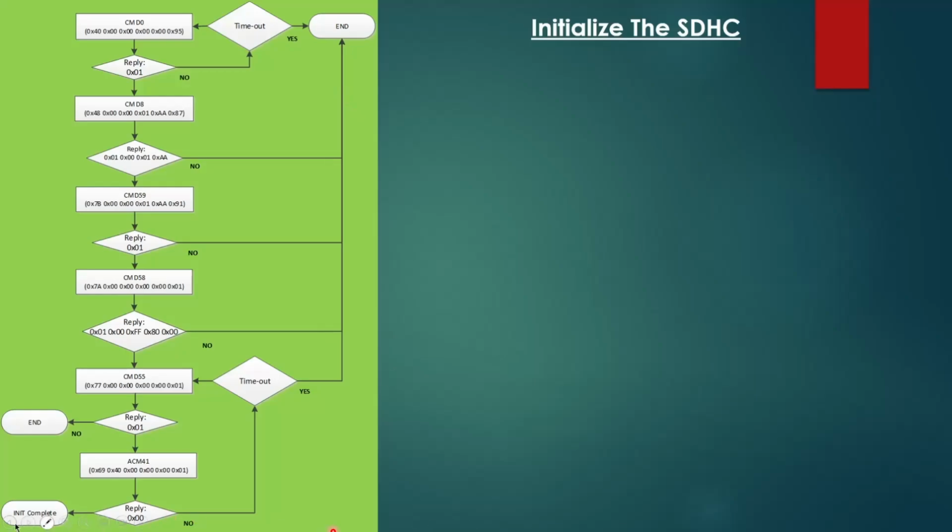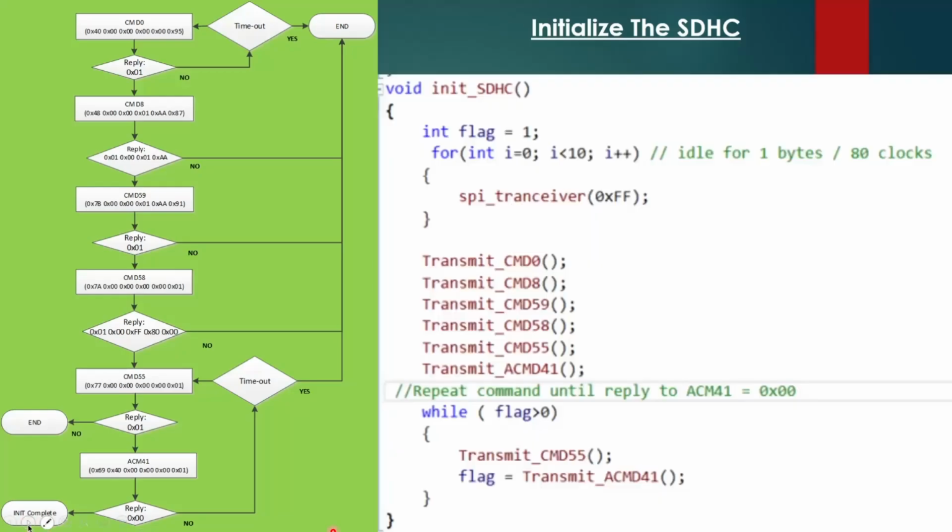So let's look at the code, how we initialize. We have a routine called init SDHC, and one of the things that we have to do, required by the hardware, is to do 80 clocks of idle, where we send a message 0xFF.